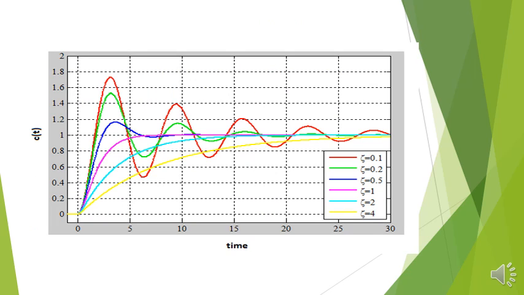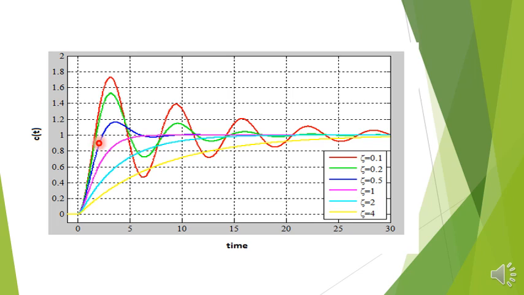If I draw collectively, this red colored one is an underdamped system with some value of zeta. Green as well as blue are also underdamped, but the difference is that green reaches the steady state earlier compared to red, whereas blue reaches earlier than red as well as green.